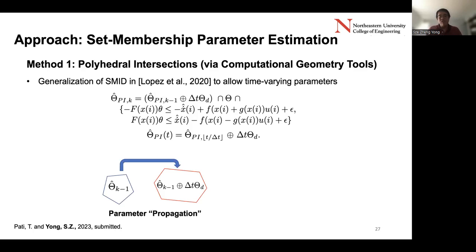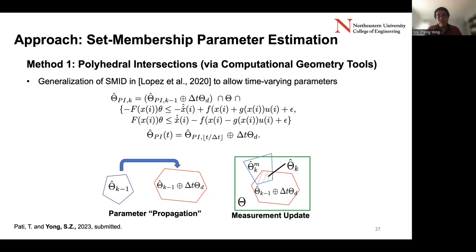Essentially, you can think about it as I start from all possible values of parametric uncertainties within a set. Because it's time varying, we expand it using propagation, so that the sets can be bigger just because it could vary with time. And then we try to intersect it with what we actually measure, what's consistent with our measurements.